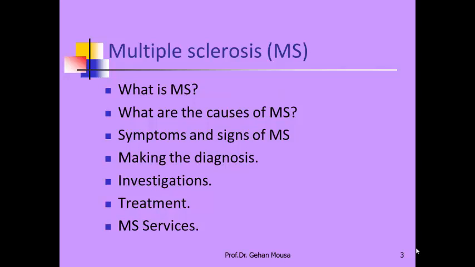How to ensure the diagnosis of MS, that this patient has MS, and what investigations are needed to confirm this diagnosis? According to what can we design the plan of treatment, and what services are available for this patient.